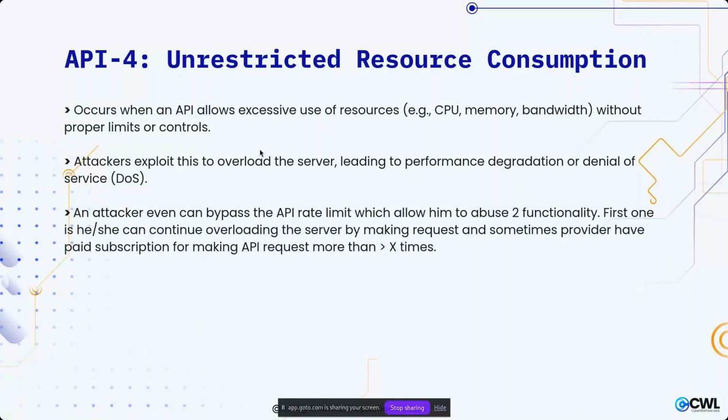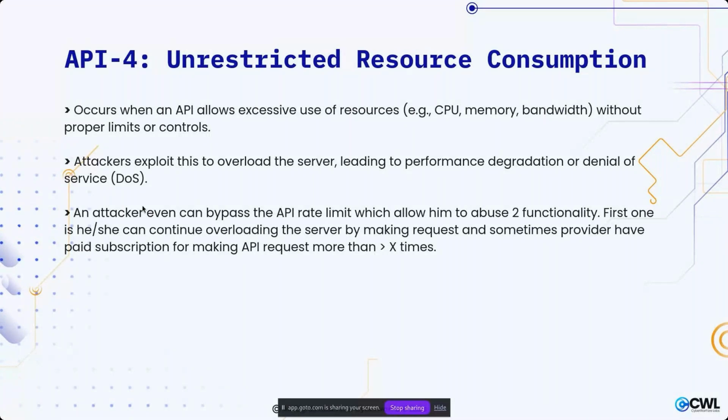We know that if a server is running, it has dedicated CPU, limited memory and bandwidth. So what if an attacker is able to overload it, and after overloading it will probably crash the server, which interrupts the business or any type of functionality.